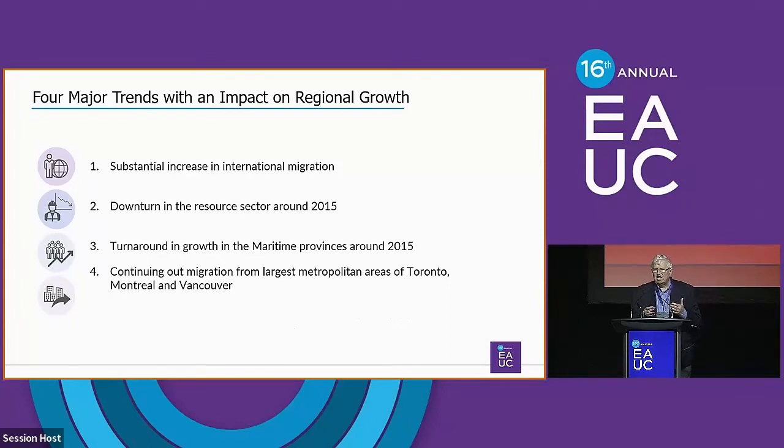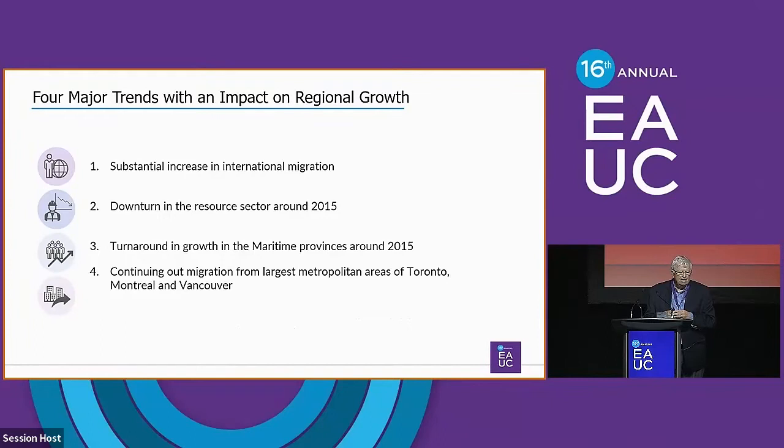Part of that was related to the downturn in Alberta. Young Maritimers could no longer move to the oil patch to work, stayed back home. But in addition, the Maritimes started to attract and retain immigrants. And we also saw an outflow of people from Ontario back to the Maritimes. Perhaps people looking for opportunities there, perhaps some retiring back home, if you will.